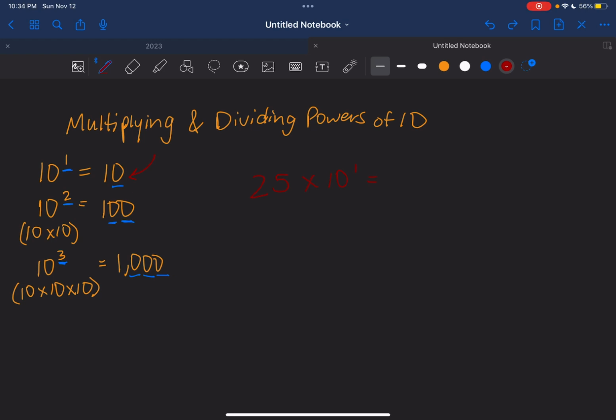If you take that number 25 and you still have your invisible decimal point, well, it's not invisible anymore, you're just moving that decimal point over one place to the right. So it's going to be right here now. That's the new place for our decimal point. And then you just go back and fill in your 0 as your placeholder. And so you still get 250. So 25 times 10 to the first power is 250.